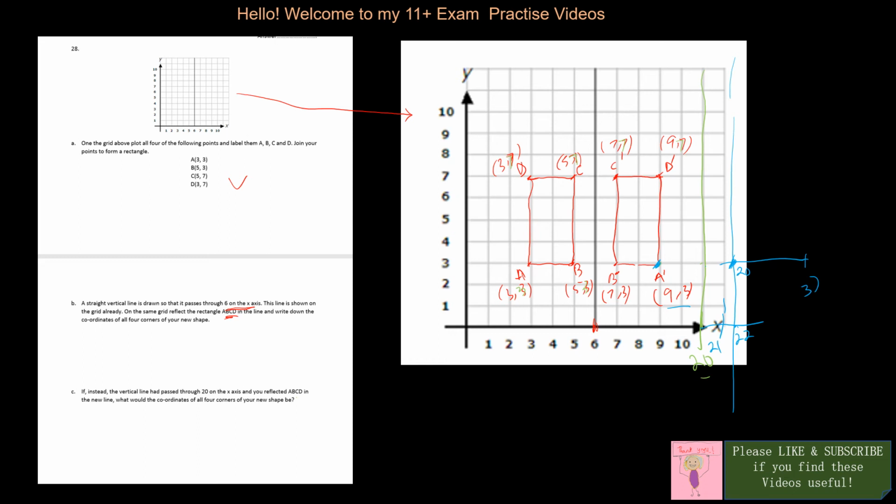The 9 will change to, from 9 to 20 is 11, isn't it? Yeah. So from 9 you have added 11, you have gone to 20.